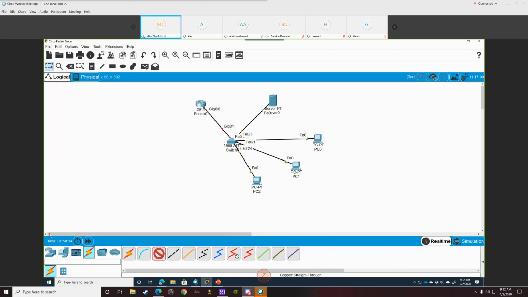So a hacker comes in and, let's say, he has access to this port right here, and he plugs in his little device, his router right here.